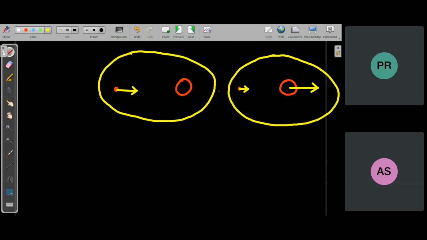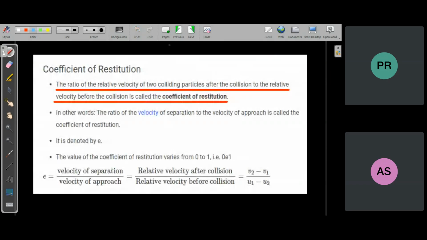So when we say relative velocity, actually it is relative velocity of approach before collision, and it is relative velocity of separation after the collision. So relative velocity of separation after the collision divided by relative velocity of approach before the collision gives you the coefficient of restitution.